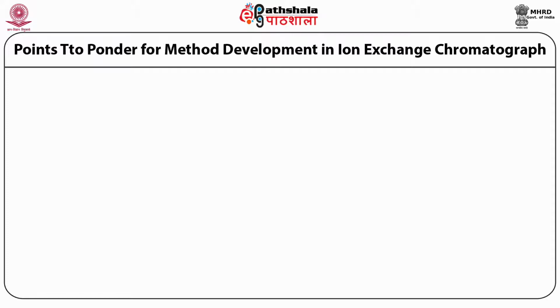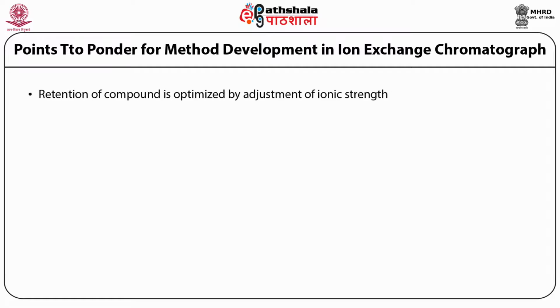Now, there are some very important key points that need to be kept in mind when we develop a method for ion exchange chromatography. These are: first, retention of a compound is optimized by the adjustment of ionic strength of the mobile phase.